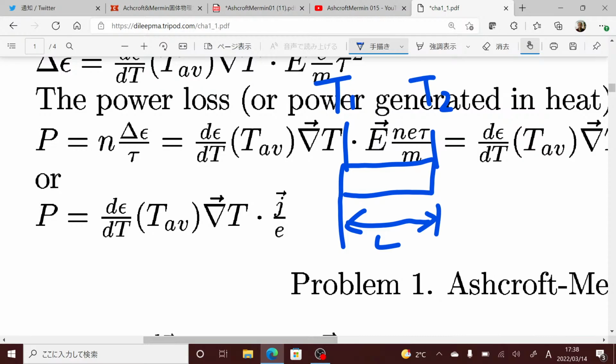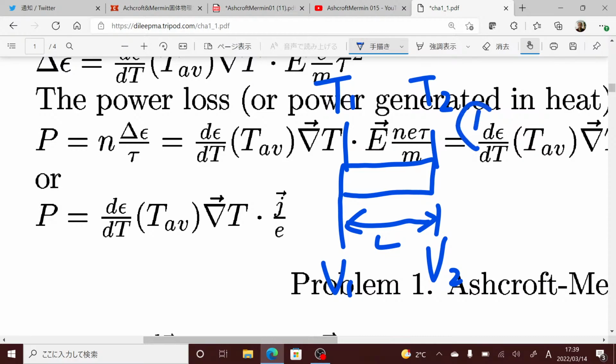Then we assume the voltage on one side of the sample is V1, and the other side is V2. It's a little bit complicated, right? We can pass current.